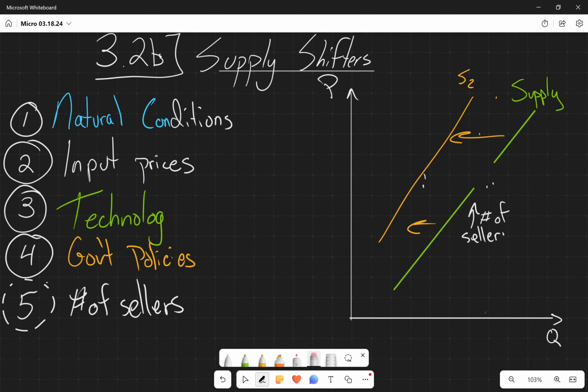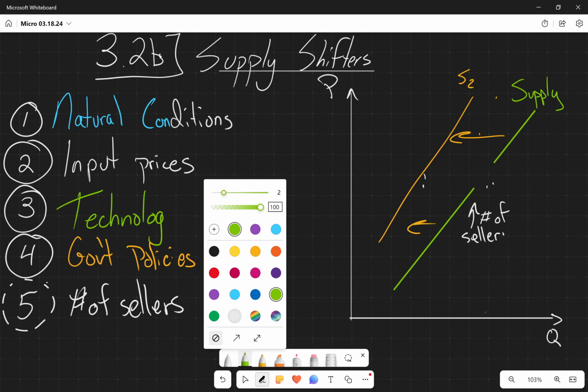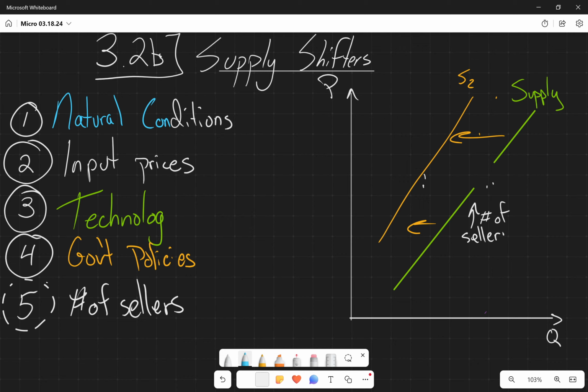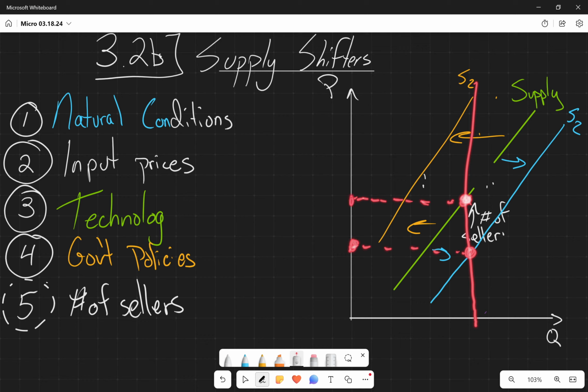But if we have an increase in the number of sellers and there is a shift to the right, and we use this vertical interpretation, that means that the equilibrium price would go from maybe $750 a month for a 2-bedroom apartment to $550 a month perhaps, right? So there's going to be some kind of price action that's a result of the extra sellers entering the market.